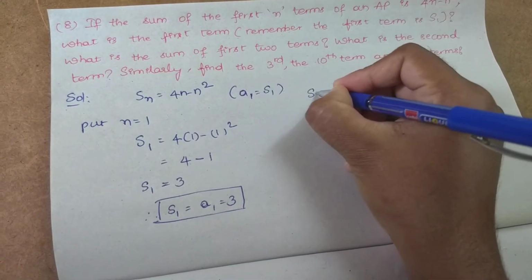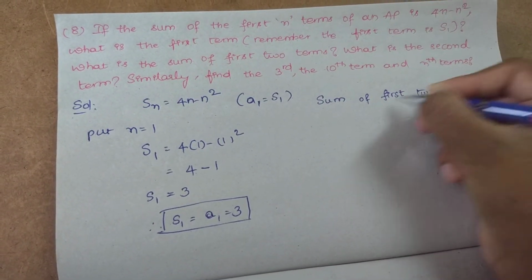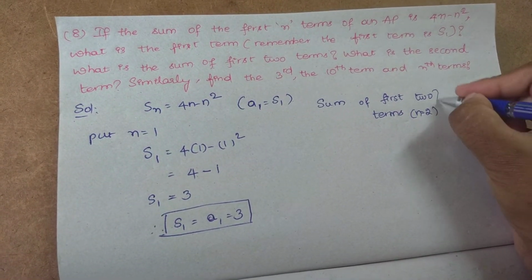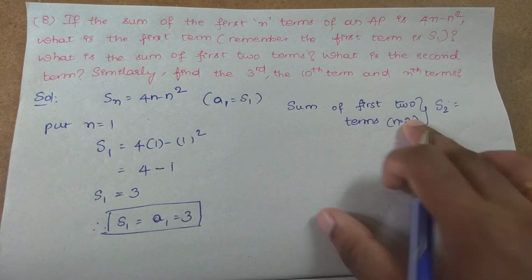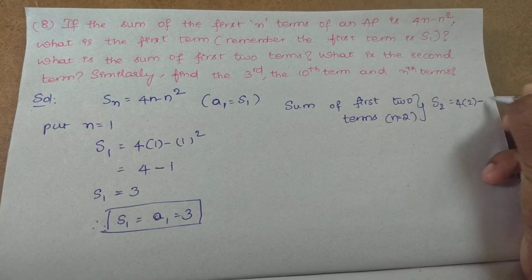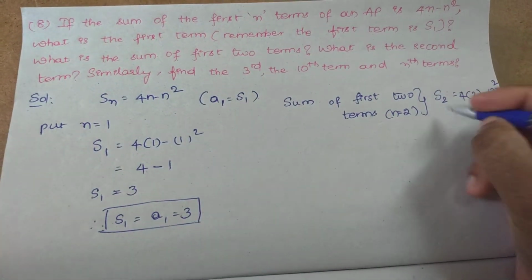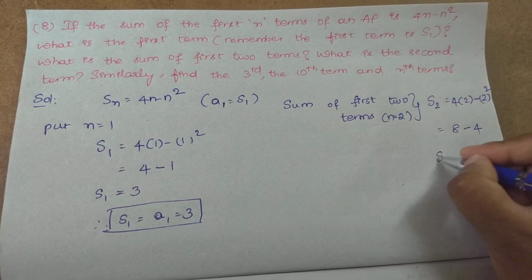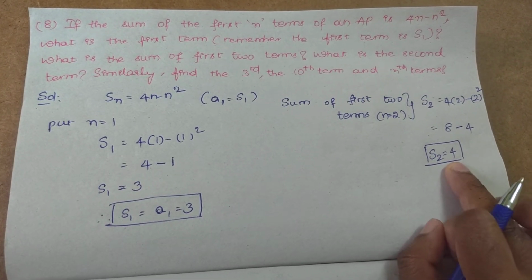So the sum of the first two terms, n equals 2: S2 equals 4 into 2 minus 2 square. 4 twos are 8 minus 2 square, which is 4. Therefore S2 is 4. S2 means the sum of the first two terms.